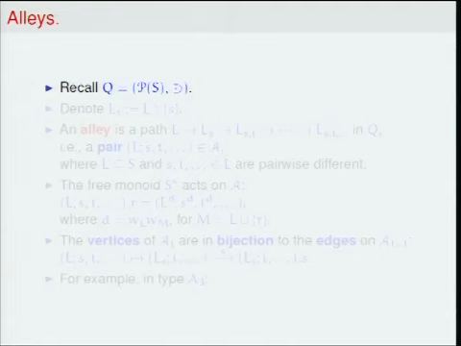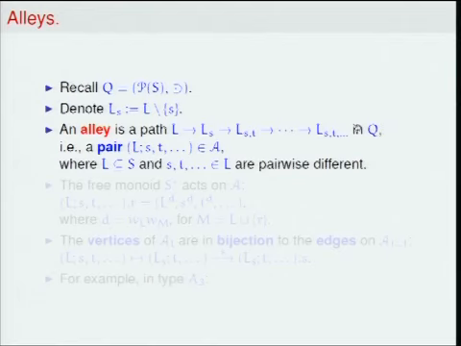To distinguish paths in this Hasse diagram from paths that arise in other situations, I want to call them alleys. And in order to talk about them, I want to have a shorthand notation starting with L subscript S as a shorthand for L take away S. One can describe a path in this Hasse diagram as a path starting at some subset L, then L take away some S, L take away S and T, and so on.